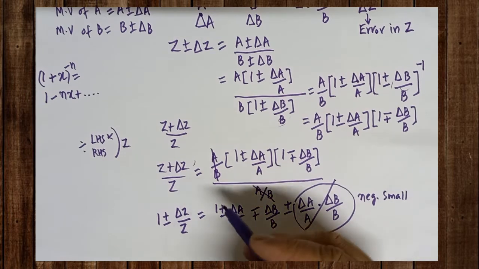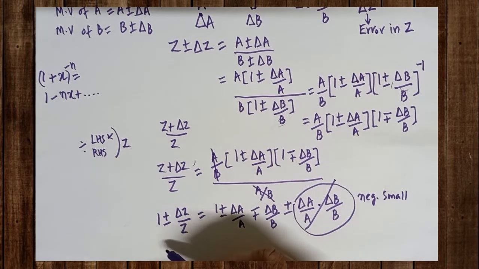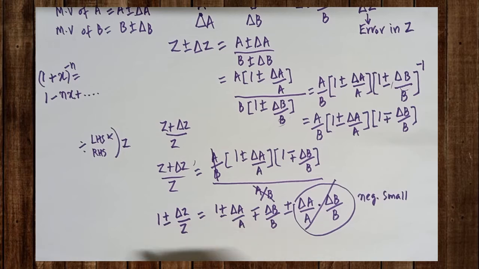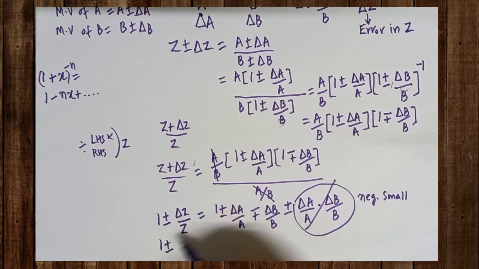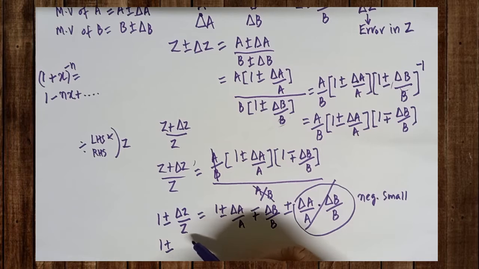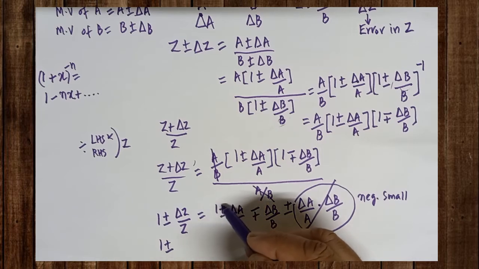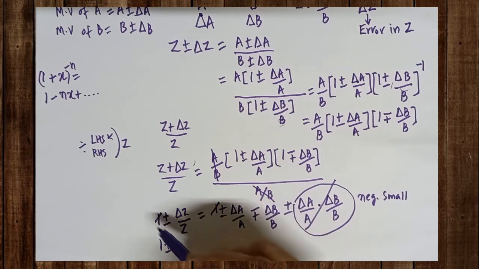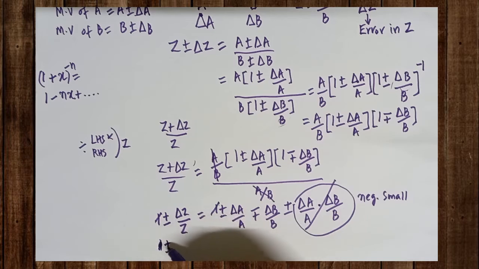Now what is the next step? What should be written? 1 plus or minus, already here this one is there, and here this one is there, so both can be cancelled. Understood? After cancellation, there won't be any one at all.